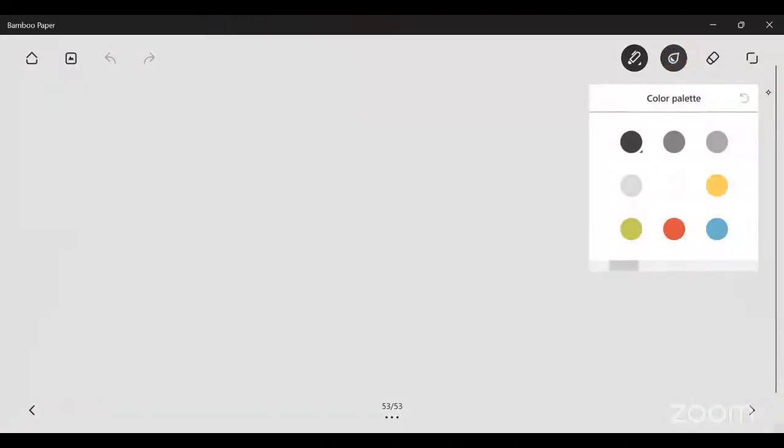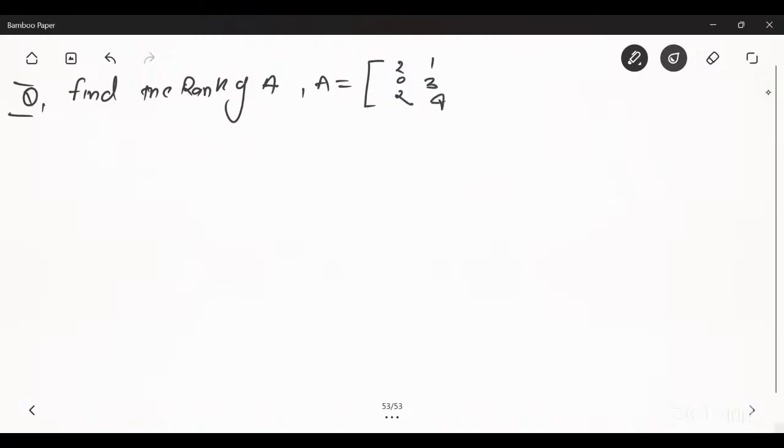Now next is how to find the rank of a matrix by the determinant method. The first question is: find the rank of A, where A equals 2 0 2, 1 3 4, minus 1 minus 2 minus 3.